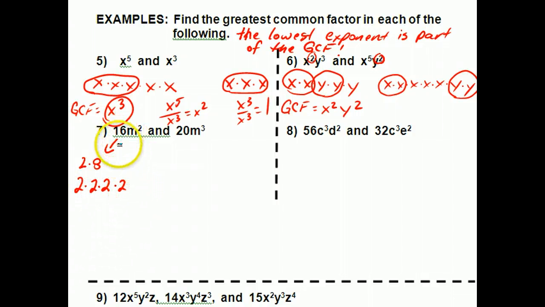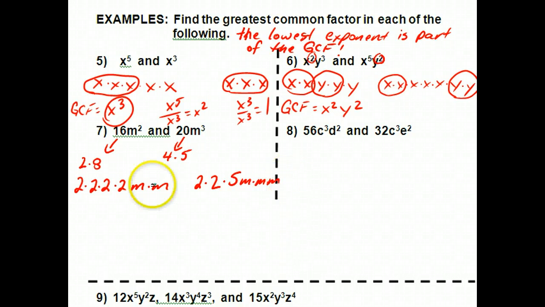That's 16 broken down into its prime factors, and then I'm going to have 2 m's there. And 20 is the same as 4 times 5, which I can also break up into 2 times 2 is 4 times 5, and then m times m times m.